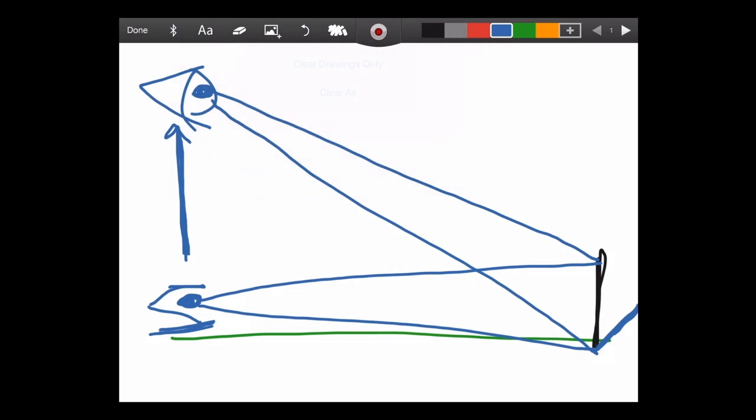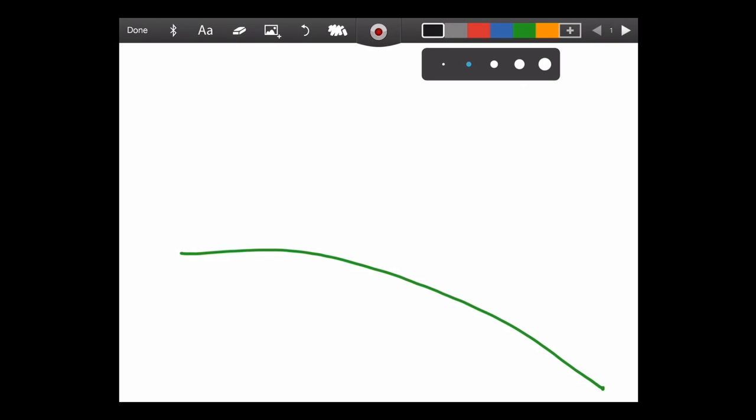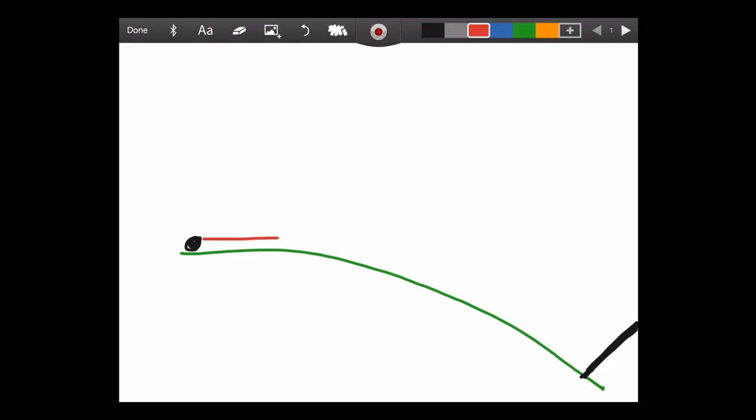The reason that works that way in the real world is that we have a curved surface of the earth. We have a building out here and an observation post here. Our line of sight goes this way. However, if we look down, we can see this portion of the building above the horizon.